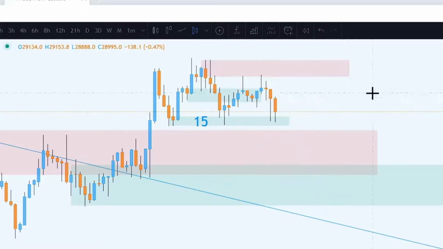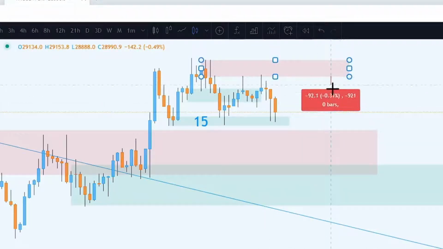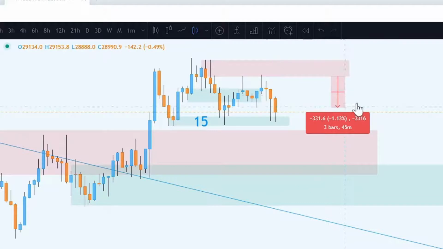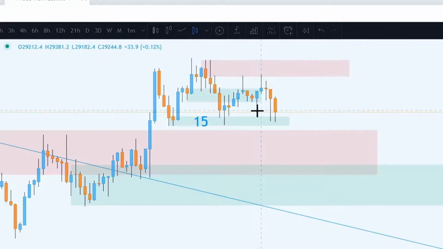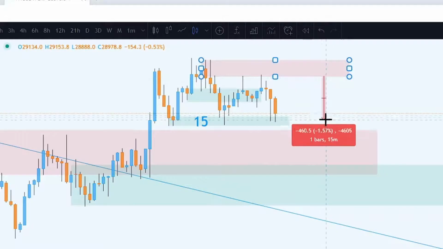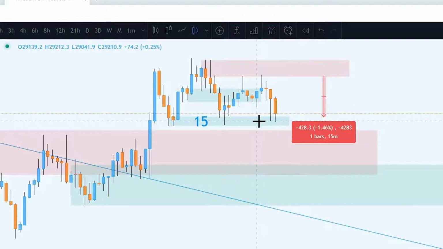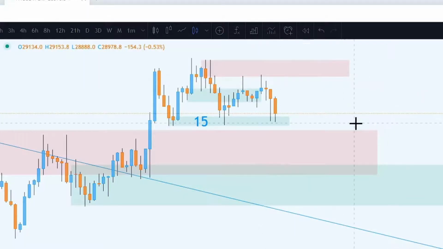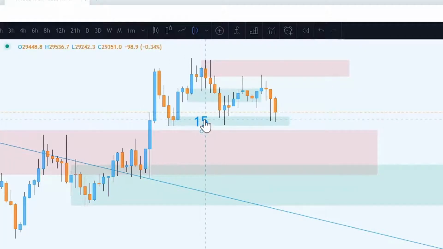We have a reaction to the downside the first time, up to this low 1.13, from here to here. Then the second time into it, we have a reaction to the downside back into this very demand. And remember, the first test of a demand is always the best. So this will be the best test of this demand.